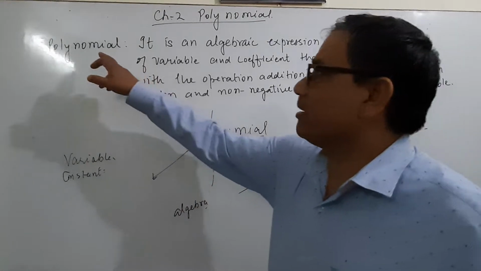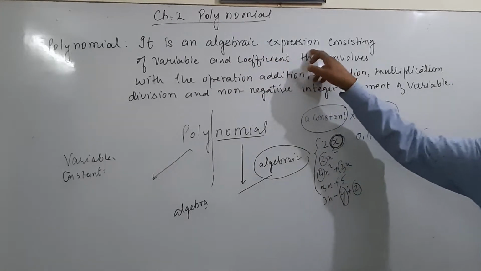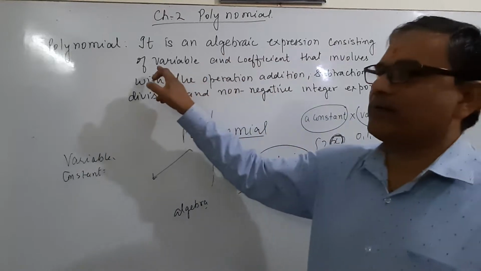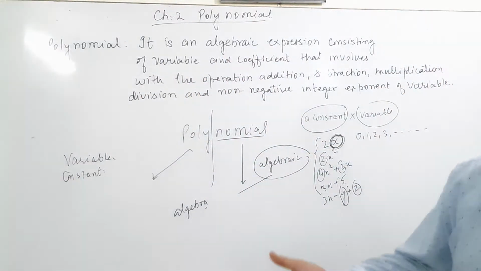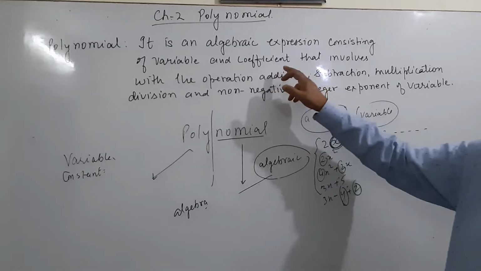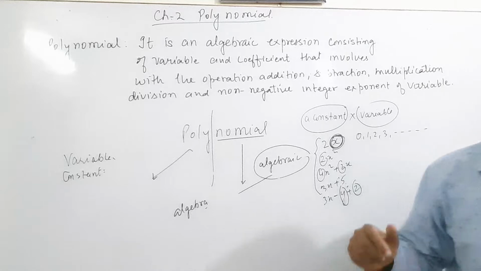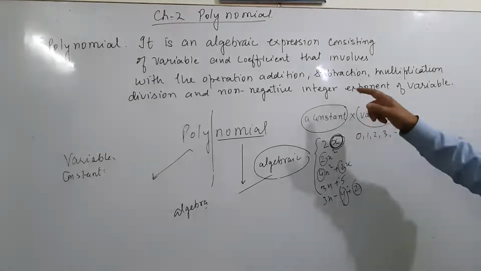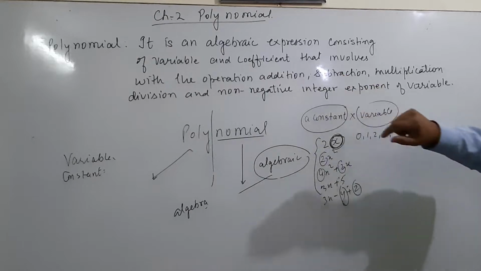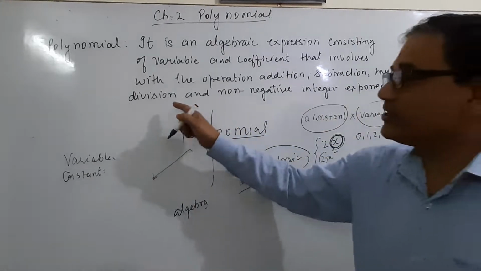That means we can say the polynomial is an algebraic expression consisting of variables, and we will learn what a variable is, and the coefficient, that involves the operations like addition, subtraction, multiplication, division.